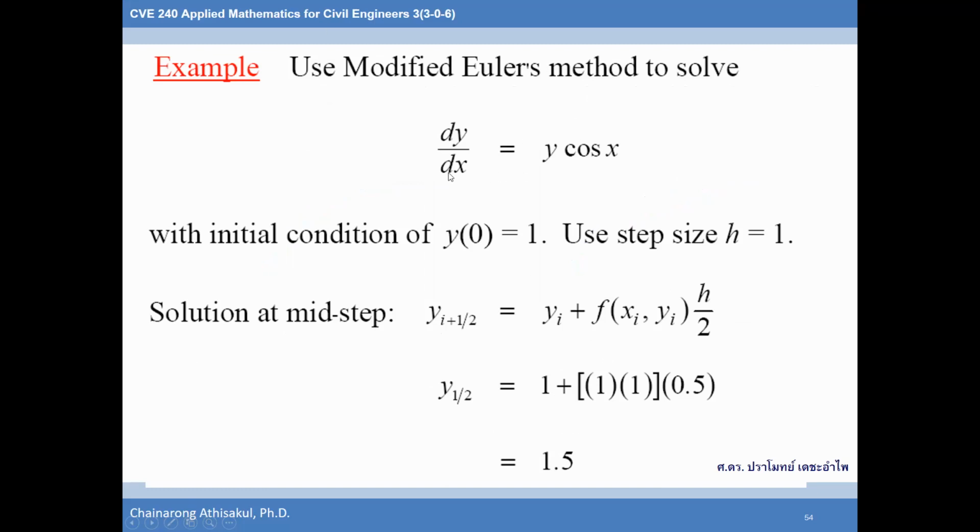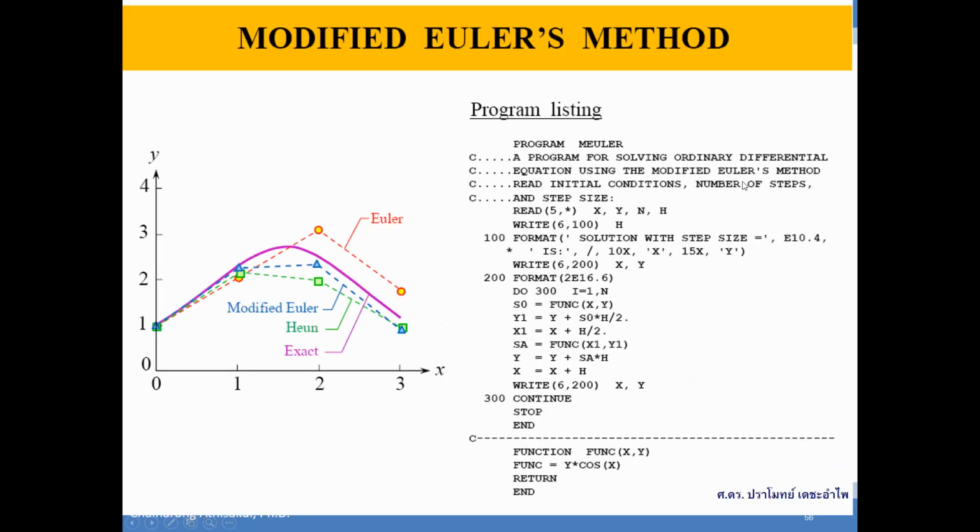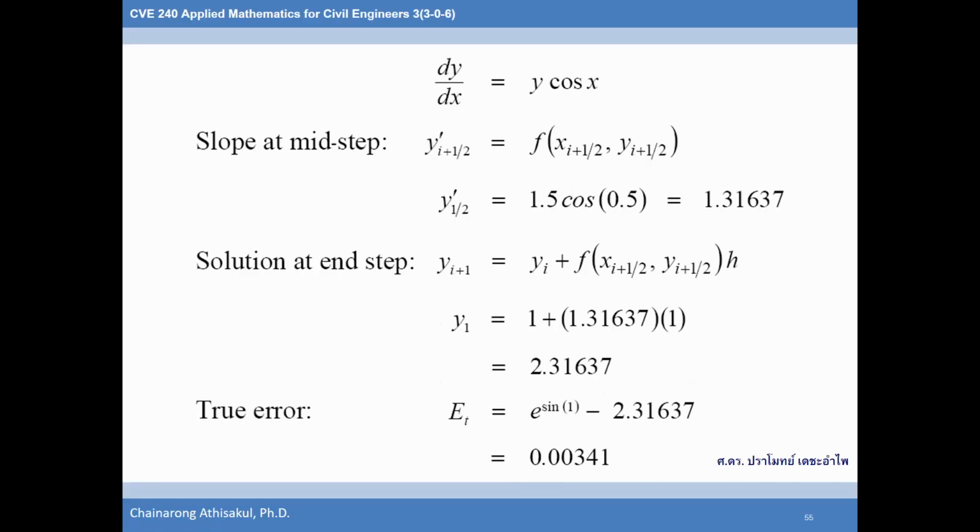We do the same with the same example, and we obtain that the error from the modified Euler is about 0.00341. This is the error, it's not the percent error. So actually it's not good enough. The error is just about the third decimal. This is not the percent error.